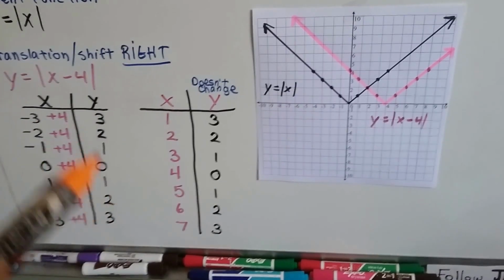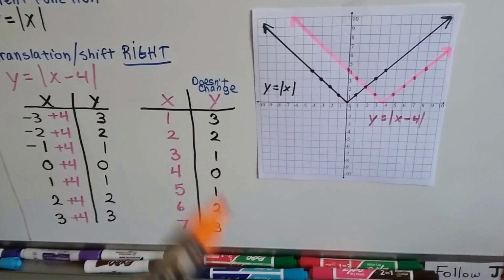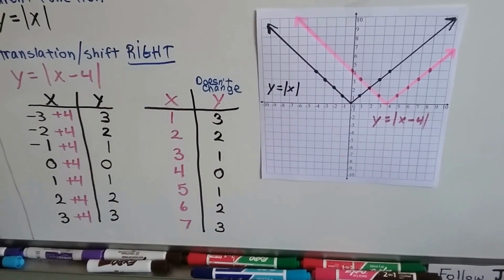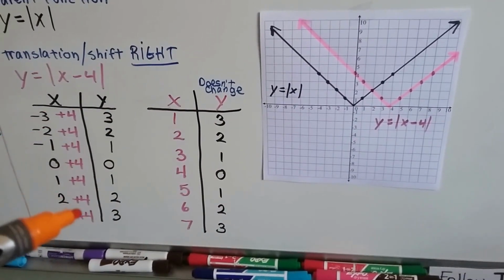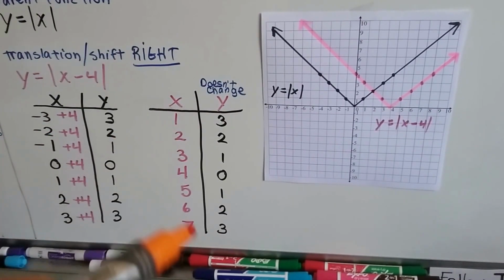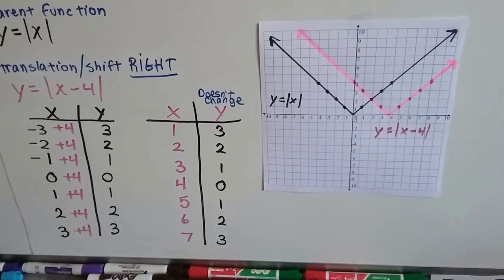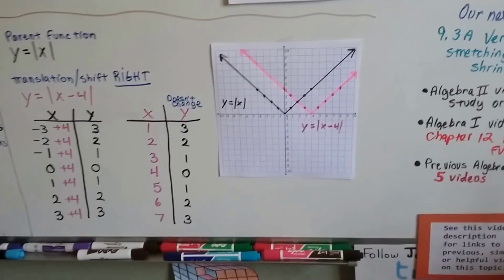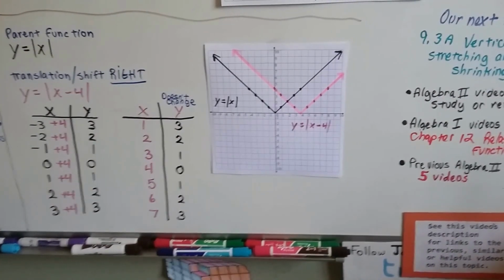And then the y doesn't change. The y just shifts over. So these are all the same numbers for y, see that? So we could just add the 4 to our x value and get our new x value for our translation, okay? So I know this can be really confusing, and just try your best.